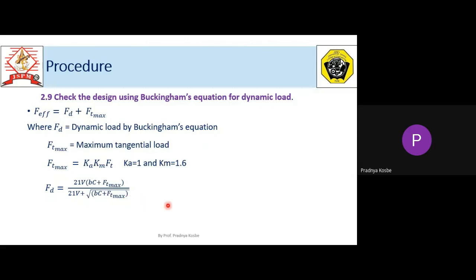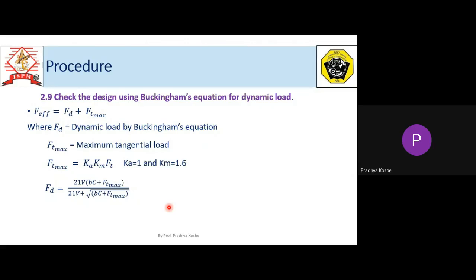Then here you will get Fd, then F effective is equal to Fd plus Ft max, and then you can find out the factor of safety, and you will come to know whether the design is safe or not.